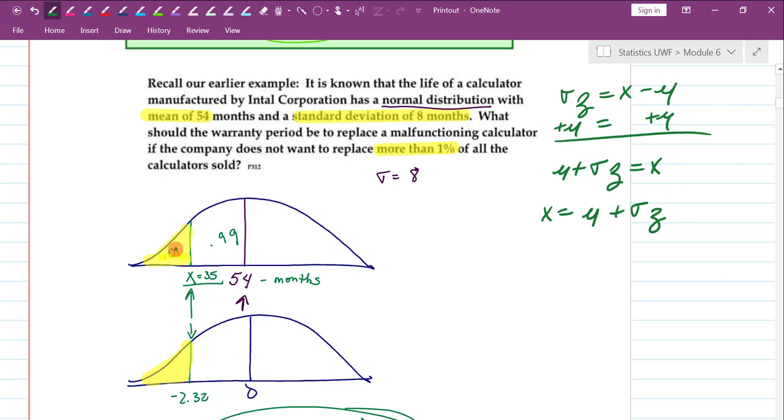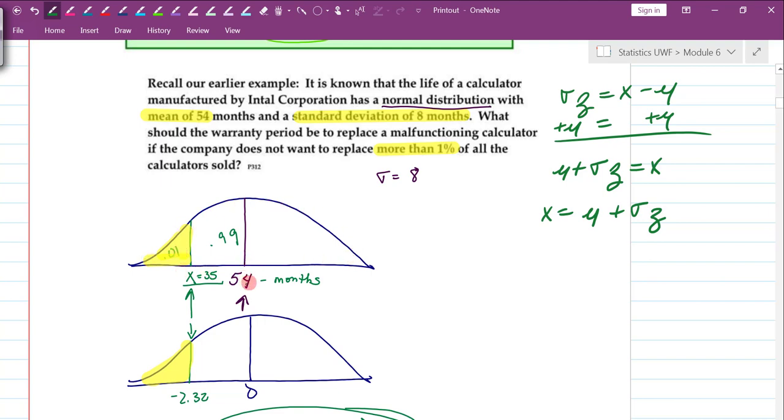The shaded area gives the proportion of calculators that are going to be replaced, so we need to find what value of x corresponds with this shaded area.